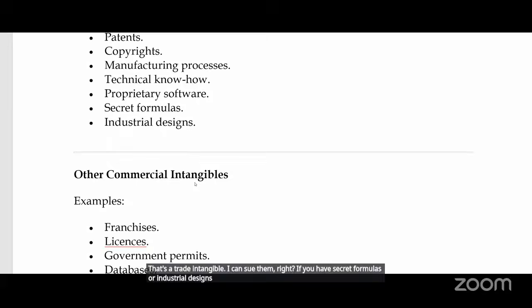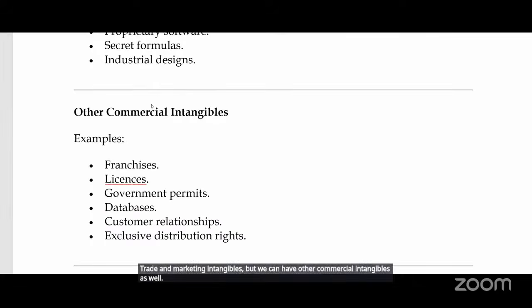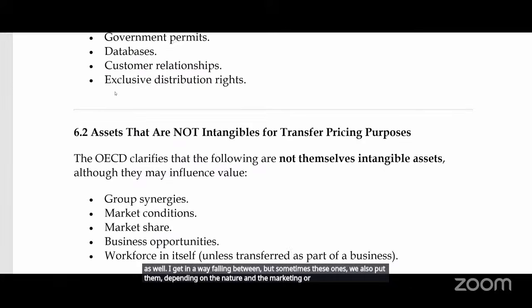Then we have other commercial intangibles, like a franchise, a license, a government permit, a database of customer relationships, exclusive distribution rights. So we basically have trade and marketing intangibles, but we can have other commercial intangibles as well, which in a way fall in between, but sometimes, depending on the nature, we also put them under marketing or trade intangibles. Please, are we okay?